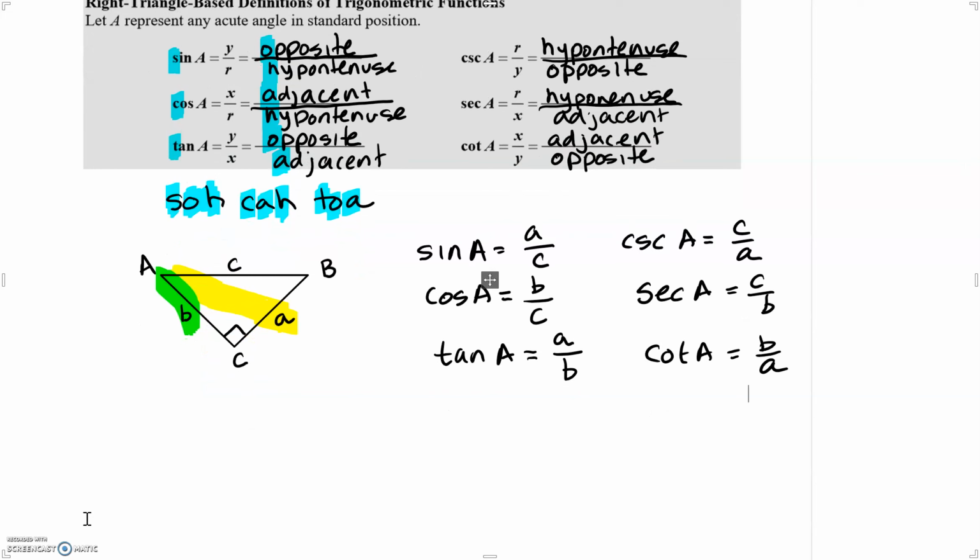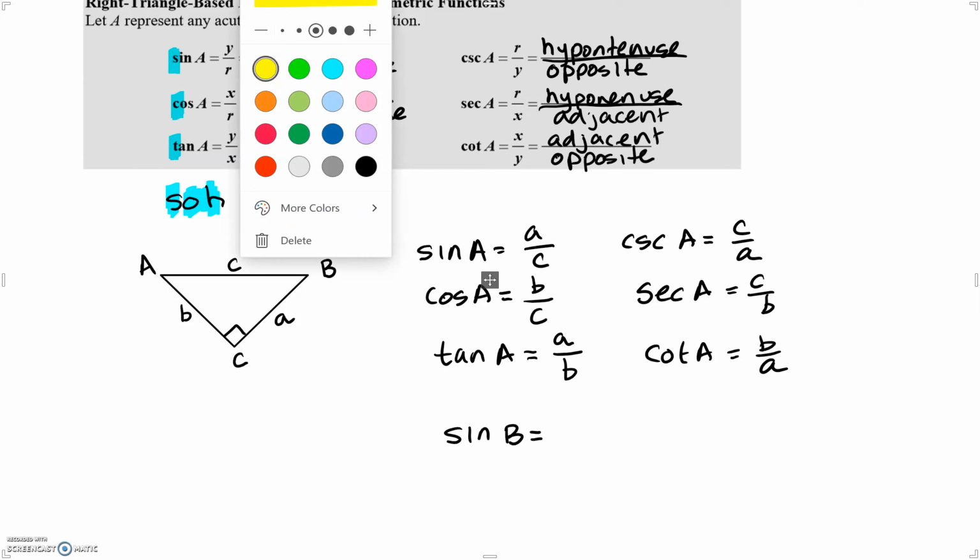So let's try that. Let me erase the yellow and the green because the opposite and adjacent are going to be different for B. Sine of B. What is that? Sine of B is the opposite. It says up here it's the opposite over the hypotenuse. So let's go back to yellow for the opposite.